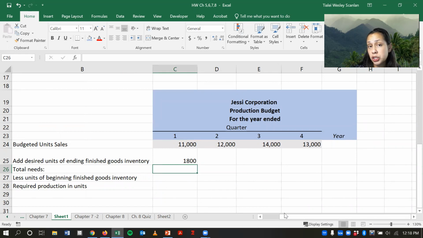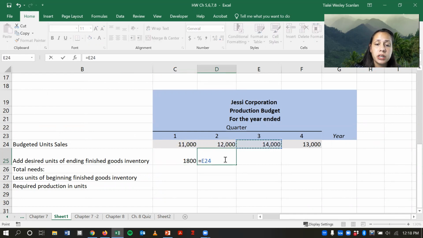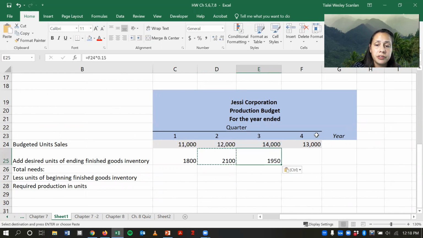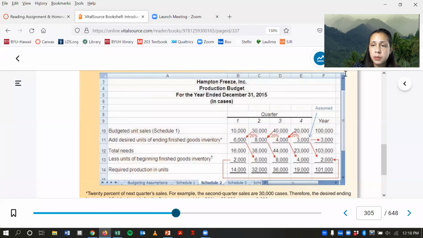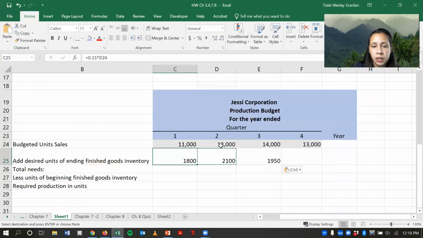We want to just have additional units if we were off on our estimates. And so this 15%, I will also do 15% of the next quarter. So I can multiply by 15% and continue on over here, 15%. So that's where that arrow comes in with the 20% in this problem, but we're doing 15%. So I want 15% of the next quarter's amount of inventory on hand.